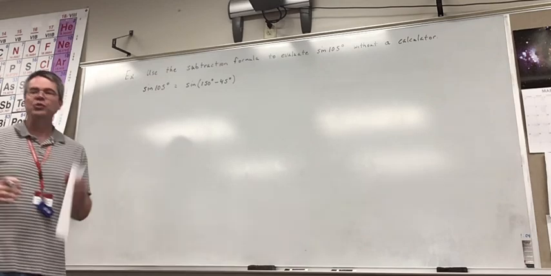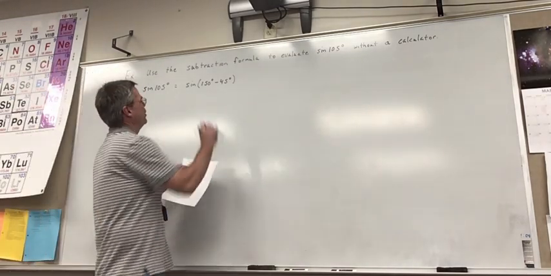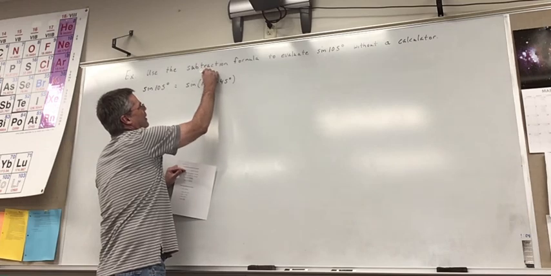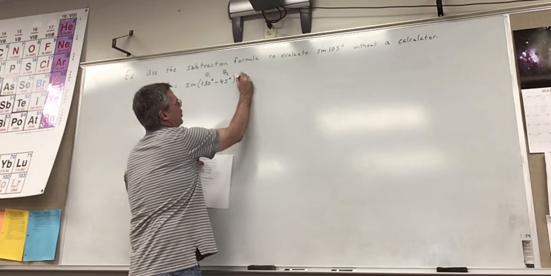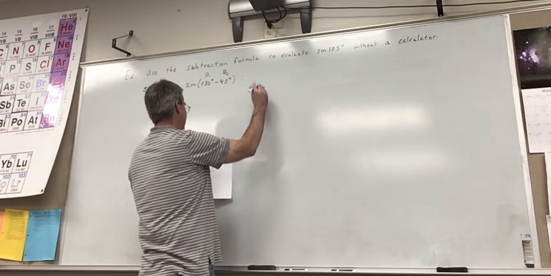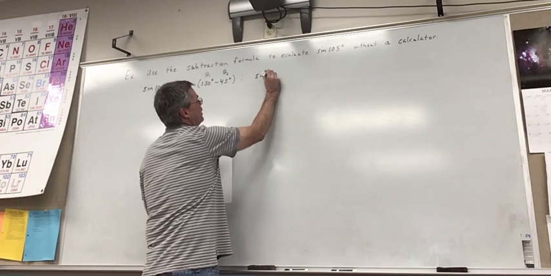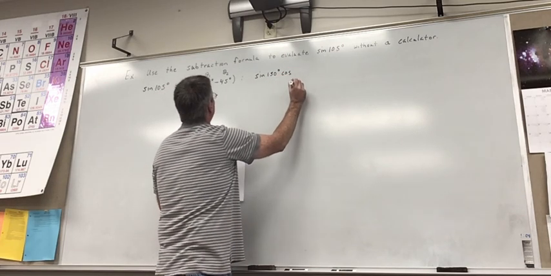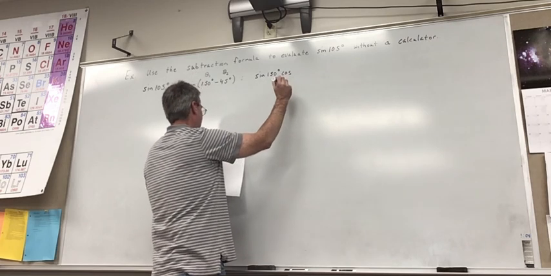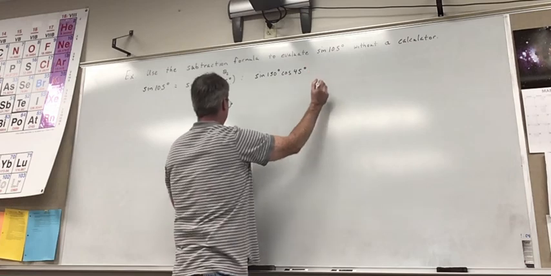Okay, so using the sheet, this is theta 1, and this is theta 2. The formula is going to be, just looking at the sheet, sine of theta 1, so sine of 150 degrees, times the cosine of theta 2, which is 45 degrees, and I don't memorize these either.